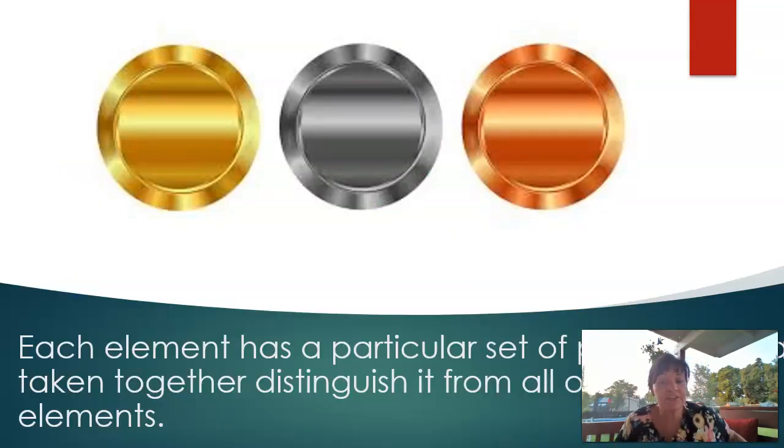Each element has a particular set of properties that, taken together, distinguish it from all other elements. So there are certain things that these elements have that make them different. And if you just look at this right now, you can see right off the bat, there's three different things that these are all different with, right? Color. So color is a property of elements.